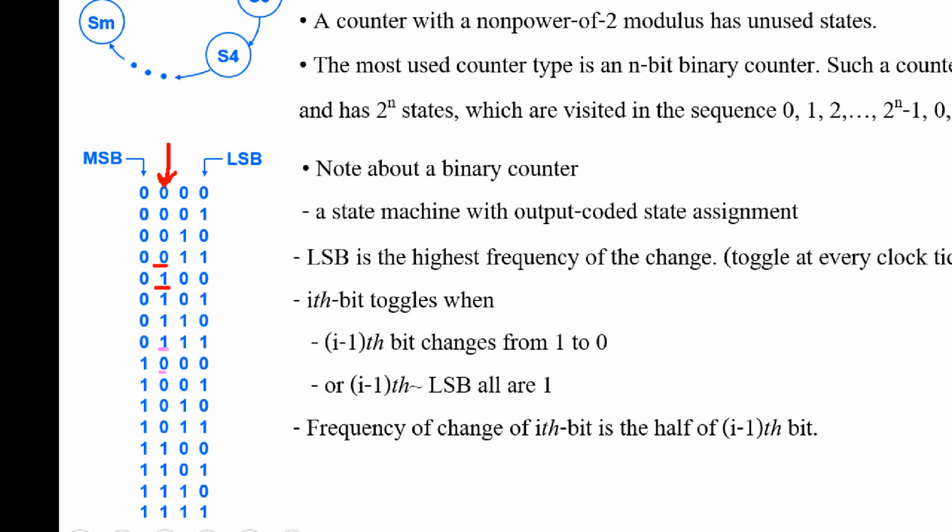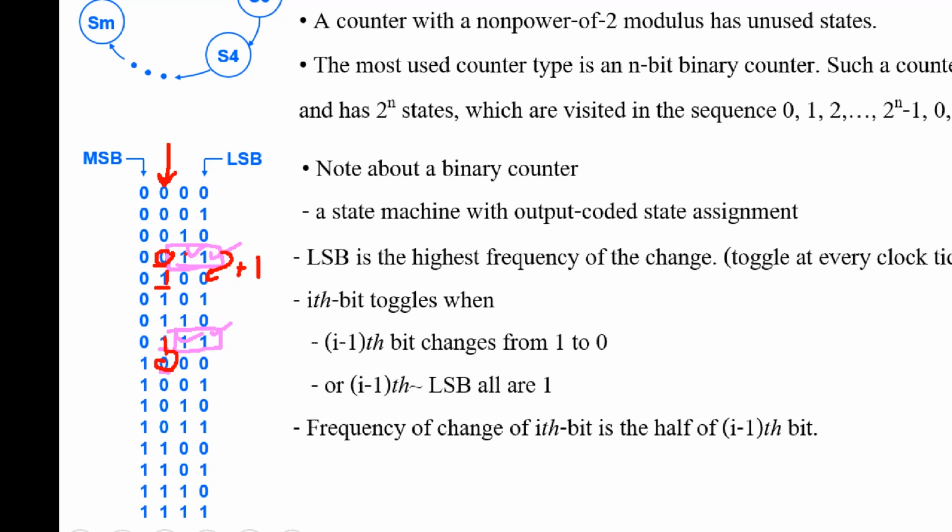If you observe this one, if the lower digit becomes 1 1 when clock tick, this bit will change 0 to 1 or 1 to 0, right? Because when clock tick, it will increase the value by 1.